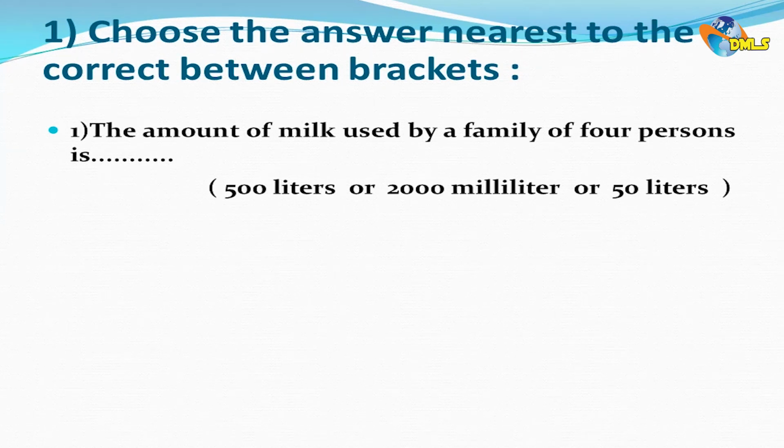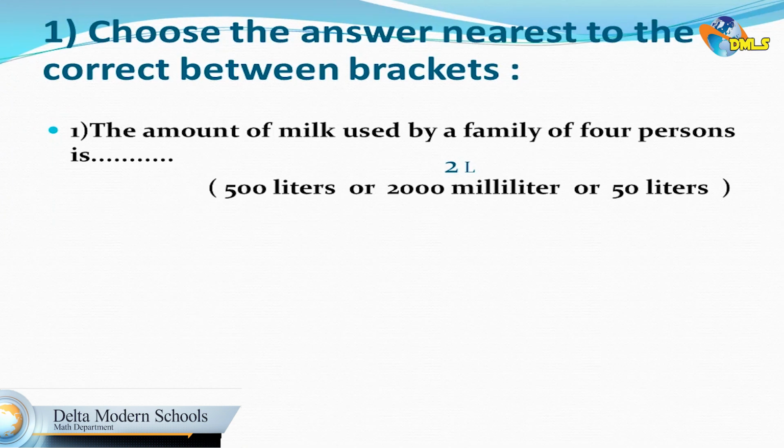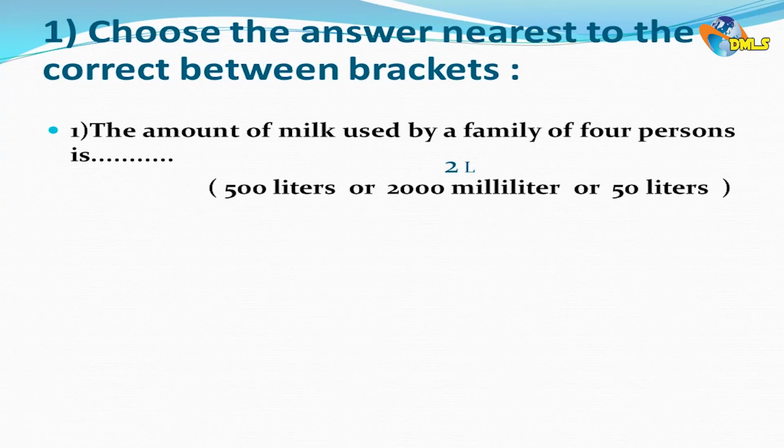It's not exactly right, but we estimate the answer. So here I have 500 liters and 2,000 milliliters, which equals 2 liters. So I think it's fair to drink 2 liters for a family of 4 persons. So this is the right answer.